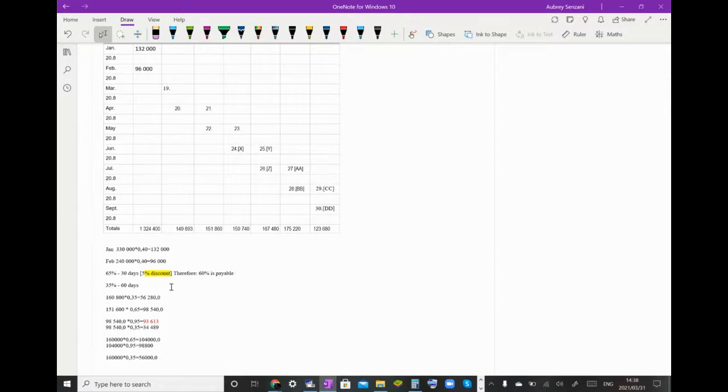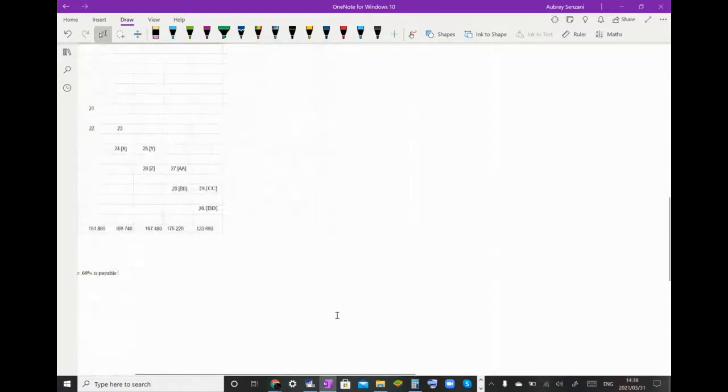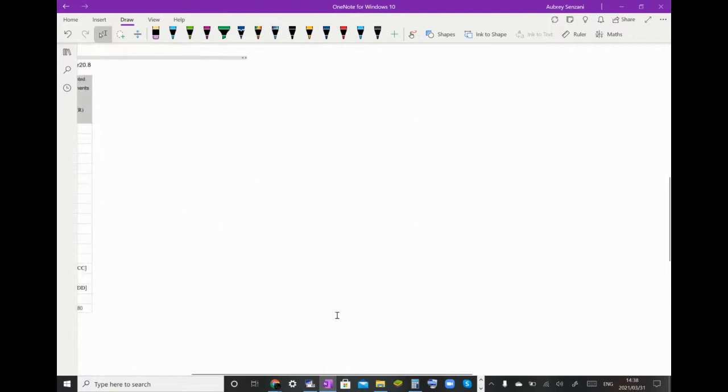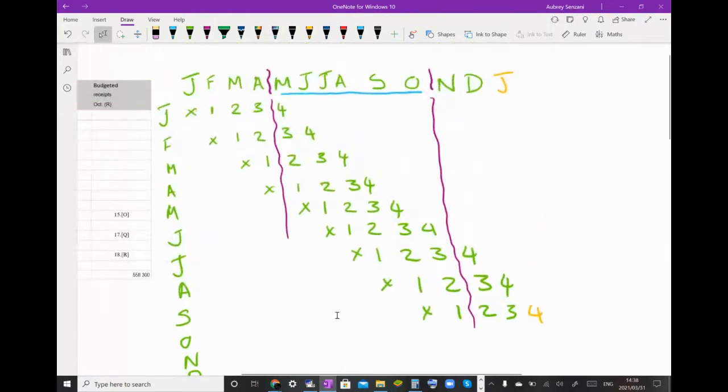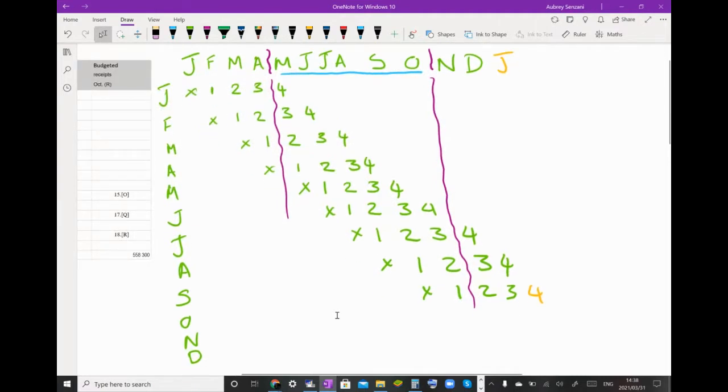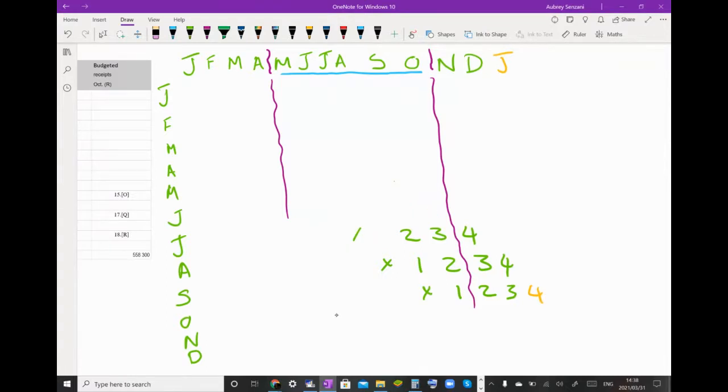Then with this one, again, we need to do that whole schedule. But what I'm going to do here is I'm just going to erase rather than have to do this again. Again, remember we are interested in May all the way until October.